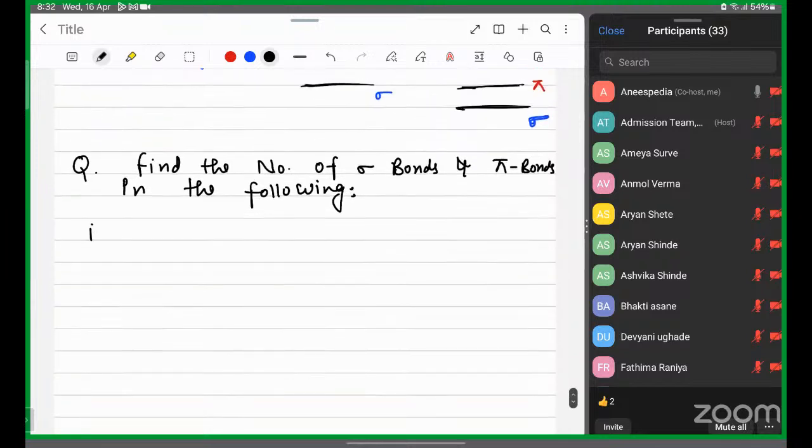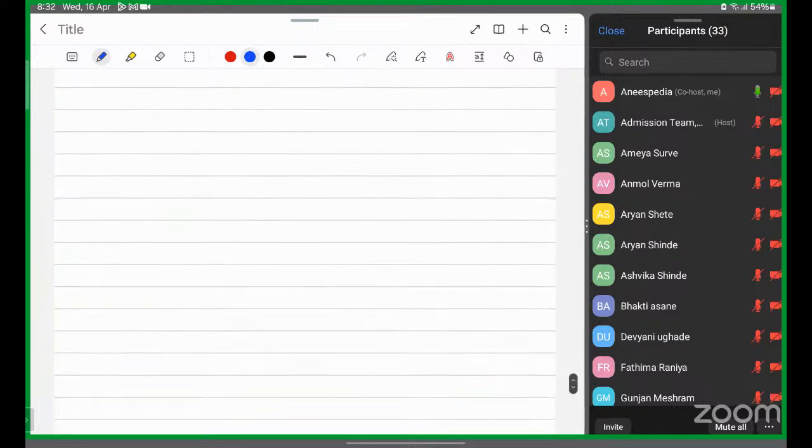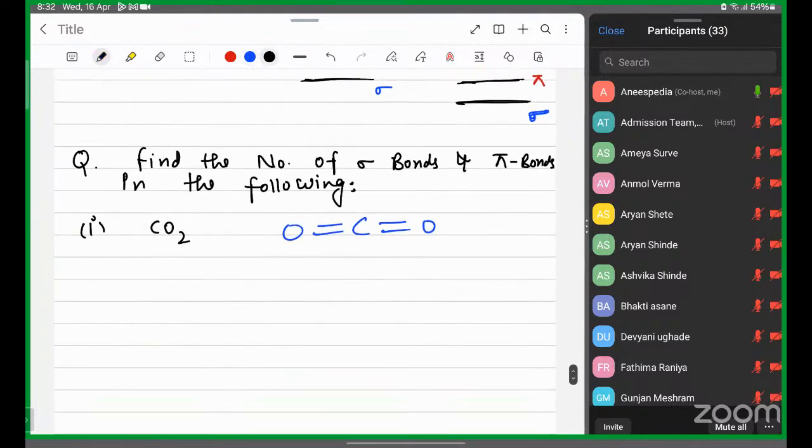Let's say first one is CO2. CO2 is C double bond O, double bond O. How many sigma bonds are there and how many pi bonds are there? Remember, the first bond is always sigma and the remaining other bonds will be pi.